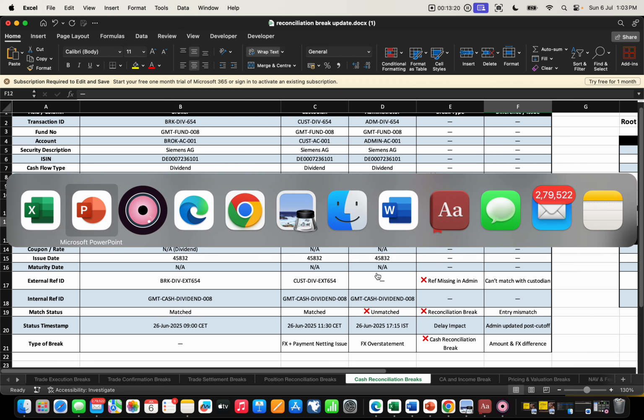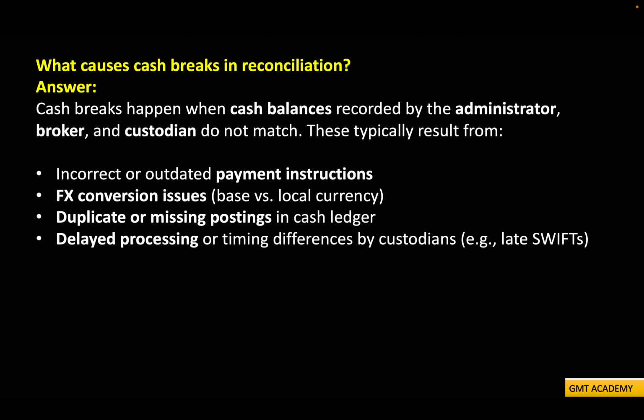So now we are moving to the cash part, how the cash will get impacted. Cash reconciliation is like oxygen, often invisible, but it is vital. A cash break happens when the cash balance recorded by the administrator, broker and custodian do not match.